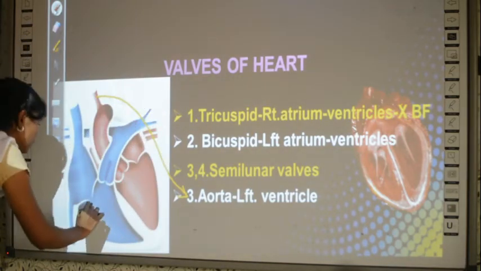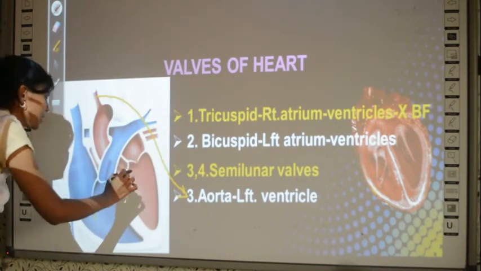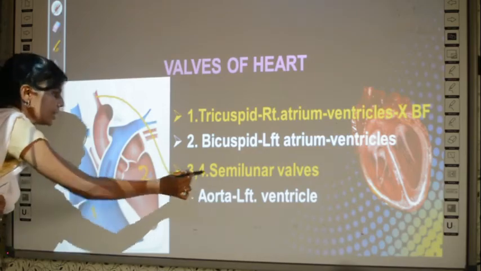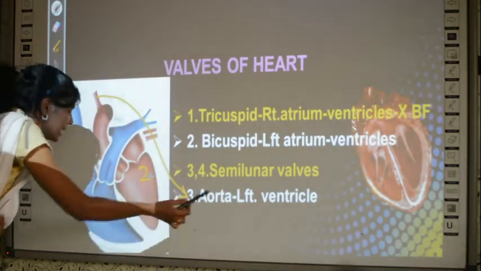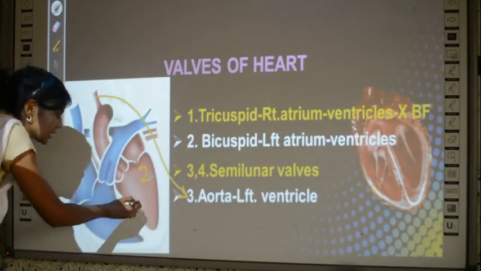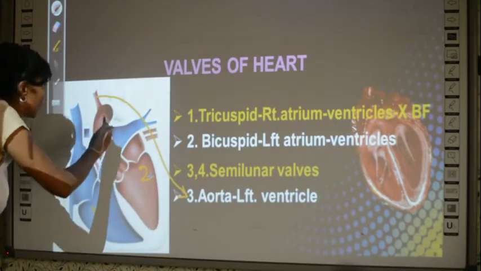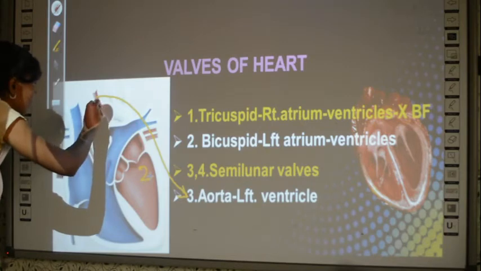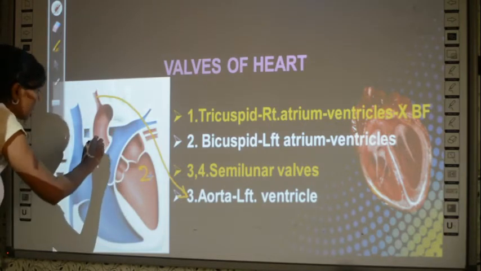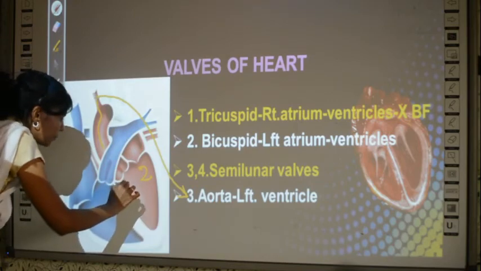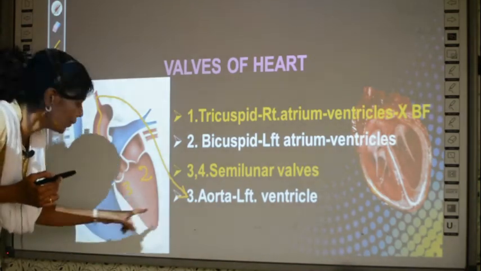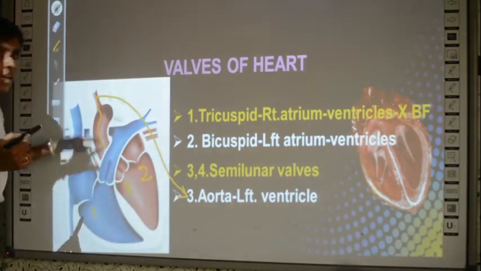So tricuspid 1, bicuspid 2. This semilunar valve, which I have labeled as 3, is between the left ventricle and the aorta. This is the left ventricle, and this is the aorta. So this is number 3 because it is present between left ventricle and aorta.